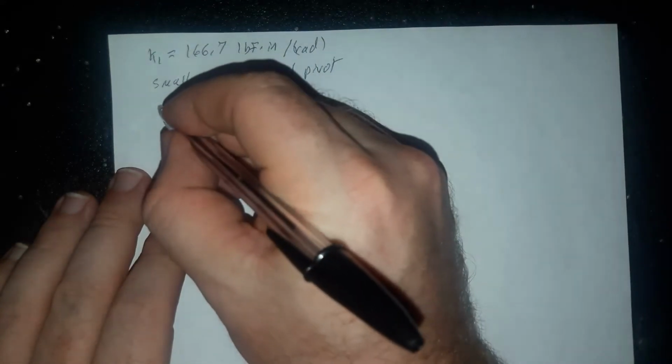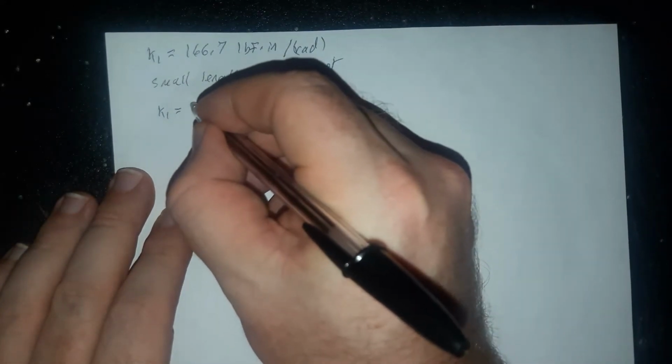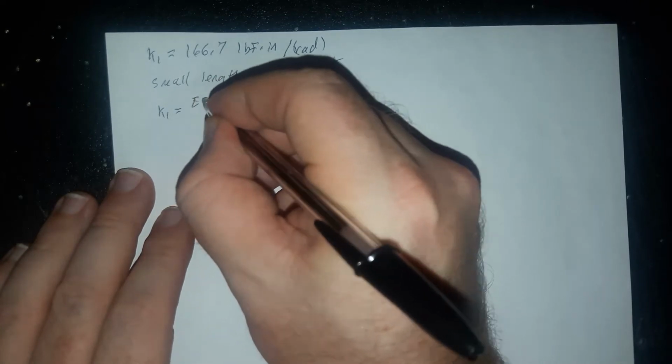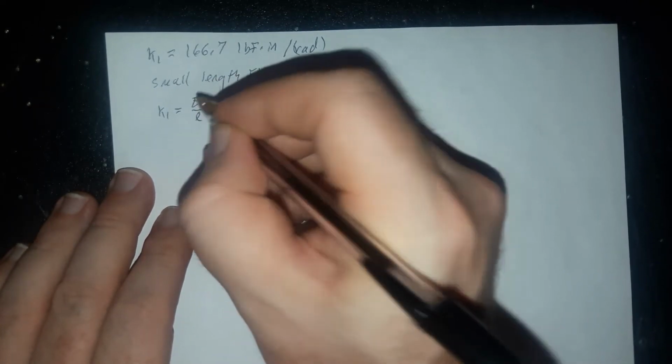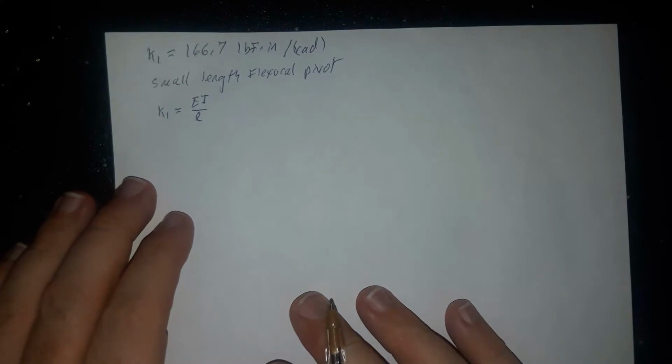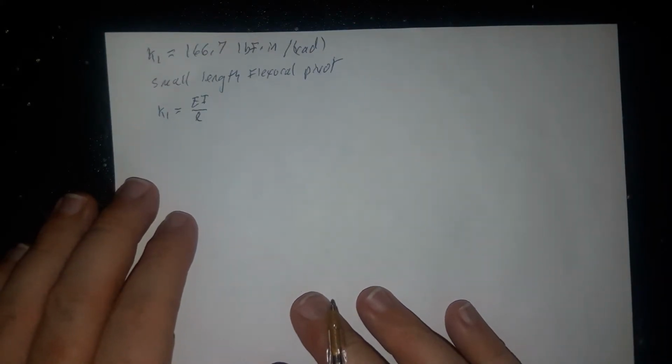So in that case, I know that K1 equals EI over L. Okay. And so as soon as an E pops up, that means I have to make a decision about what material this thing is made of. And there are a couple different possibilities.